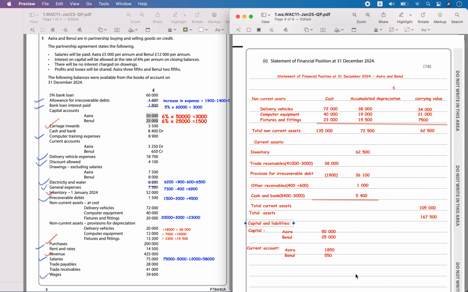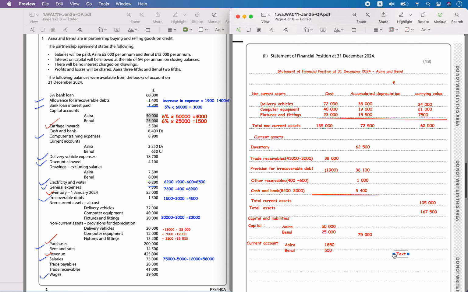So now let's calculate the closing balance. Let's find the total of the capital and the total of the current accounts. 1850 plus 550, that is 2,400.